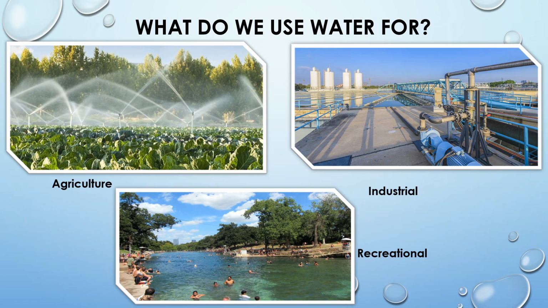But also, when we talk about water, we have to think what do we use water for? Water, as I was telling you, is super important for all living things, but we can identify different uses, at least for humans. We use water in agriculture to grow plants and fruits that we can eat, industrial to work, to cut metal, to do many, many things, recreational, to have fun, to do water wars, to play on lakes or rivers.